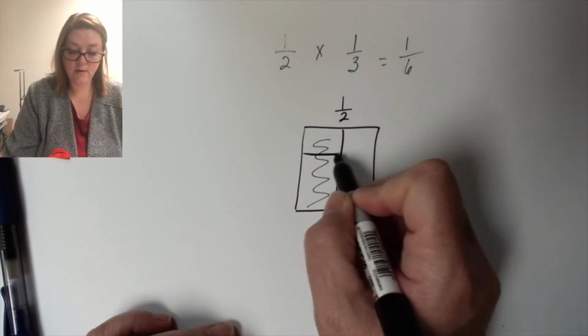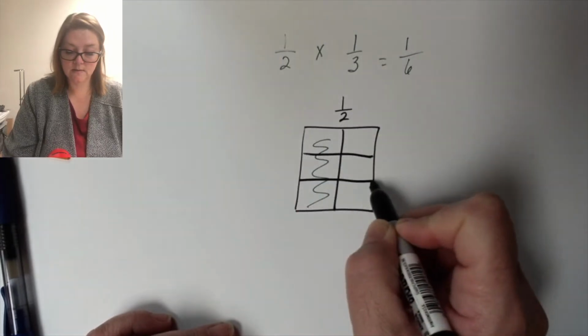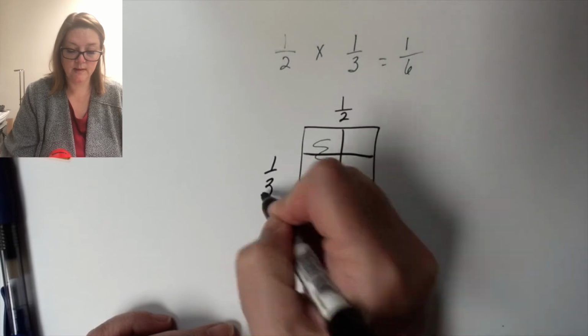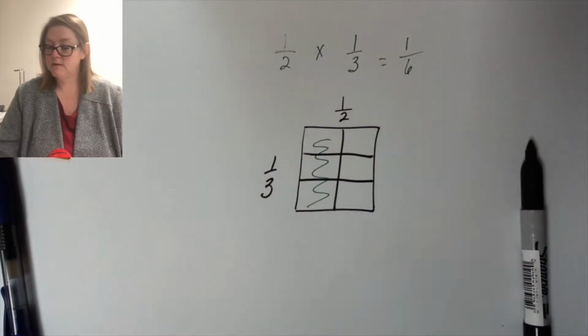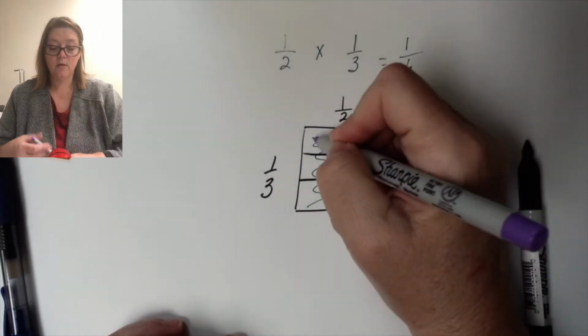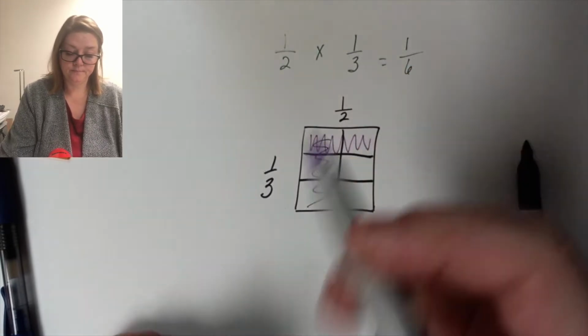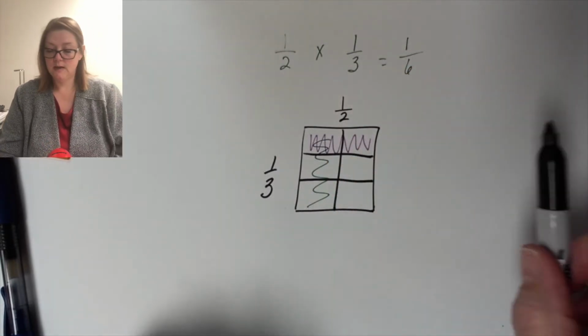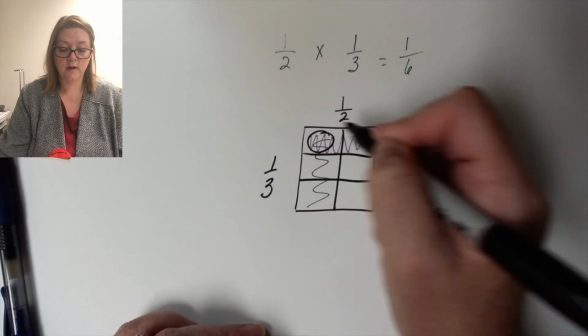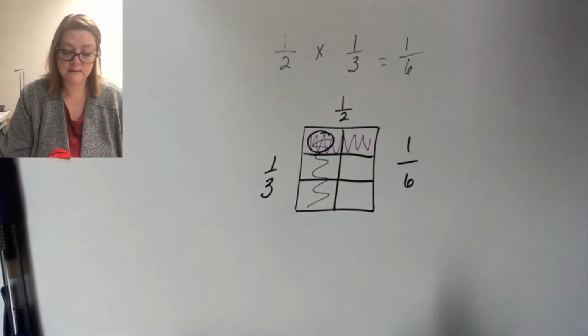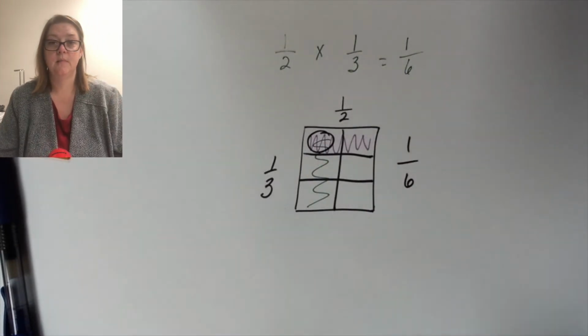Got 1/3 going this way. Now our students may have a little trouble breaking that up. So I'm 1/3 this way. I'm only coloring in 1/3. Again, where do you see 2 of the colors? 1 piece out of 6.